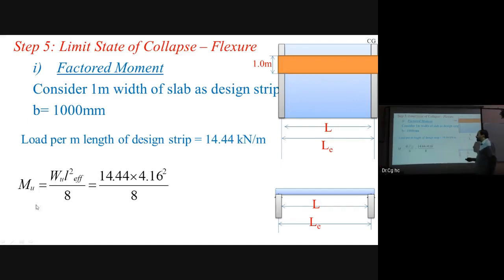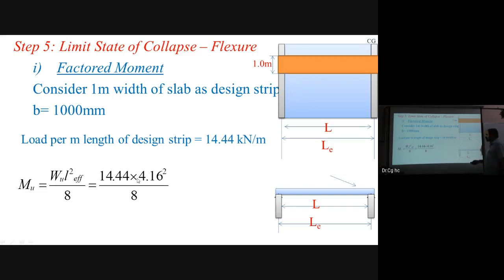Now let us calculate the moment. How to calculate the moment? Because it is a simply supported beam carrying UDL, this is the UDL 14.44 kilonewton per meter run. Therefore MU is equal to WL squared by 8. Now calculate the bending moment, isn't it?